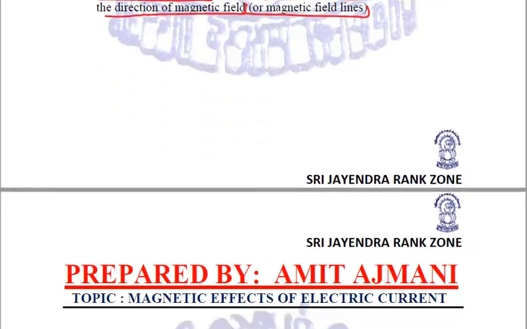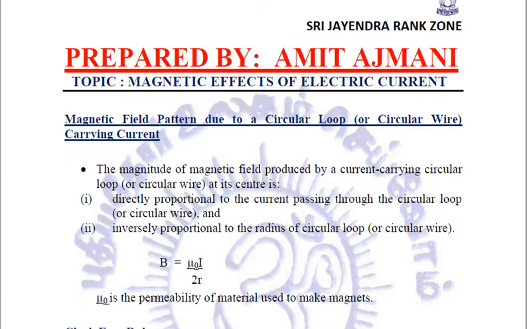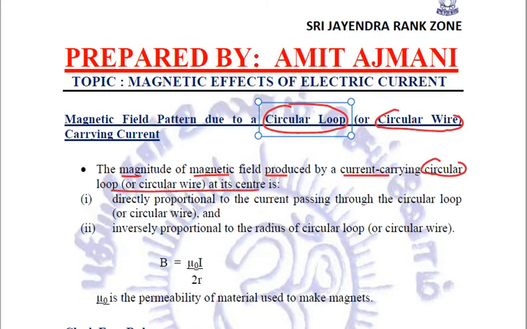Now let's talk about the magnetic field pattern due to a circular loop or a circular current carrying conductor. The magnitude of the magnetic field produced by a current carrying circular wire at its center is directly proportional to the current passing through the loop, and inversely proportional to the radius of the circular loop.